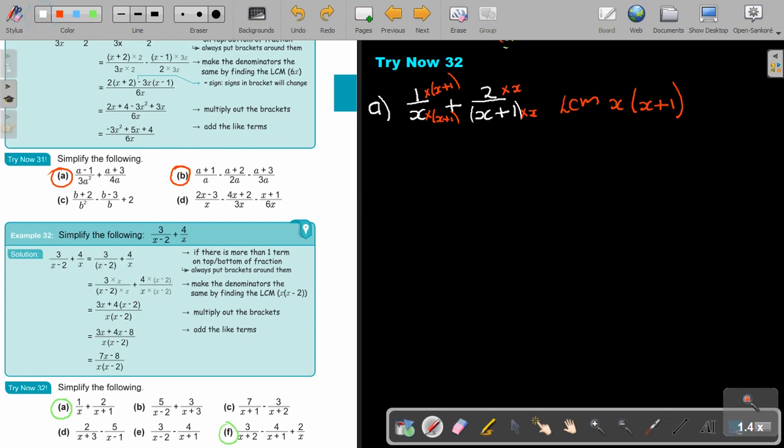So I will get x plus 1 plus 2x over x plus 1. So this will be 3x plus 1 over x plus 1.